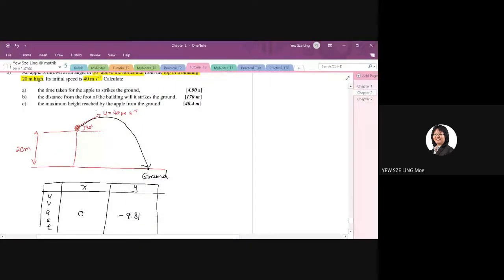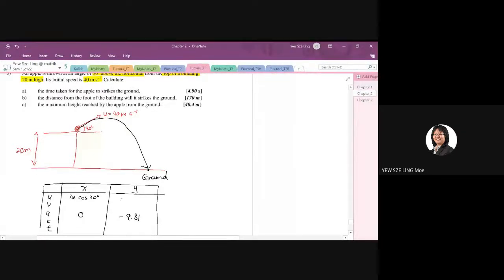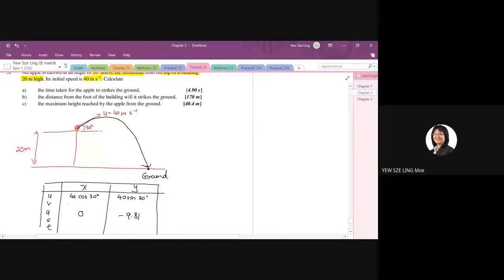The initial velocity is 40 meter per second, 30 degree above the horizontal, so 40 cos 30 degree and 40 sin 30 degree. Vx is the same, 40 cos 30 degree, but Vy we don't know, so we leave it blank.